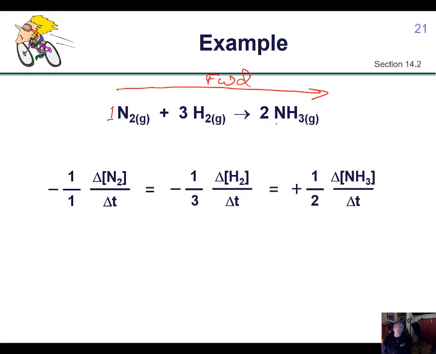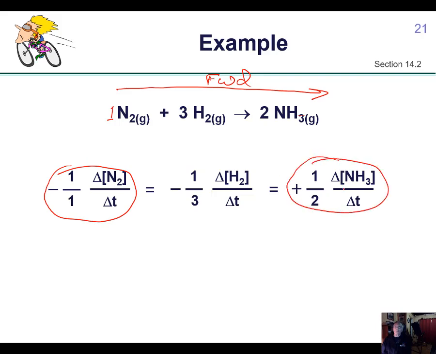Since ammonia appears at twice the rate that nitrogen disappears, by taking the coefficient 1, putting it in the denominator here, we're saying the rate of disappearance of nitrogen is equal to 1/2 the rate of appearance of ammonia, because ammonia appears twice as fast as nitrogen disappears. So the rates are equal if we have them expressed like this.